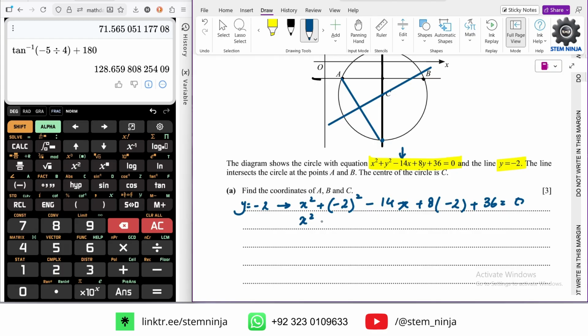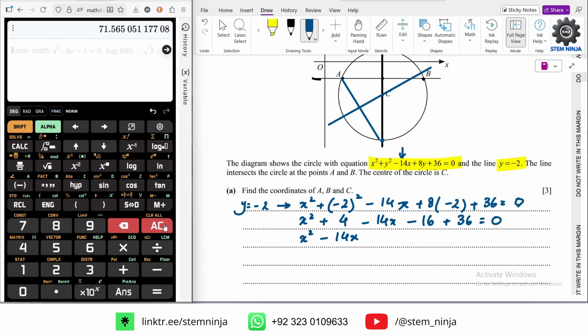This is x squared plus 4 minus 14x minus 16 plus 36 equal to 0. This becomes x squared minus 14x, and 4 minus 16 plus 36 is 24.